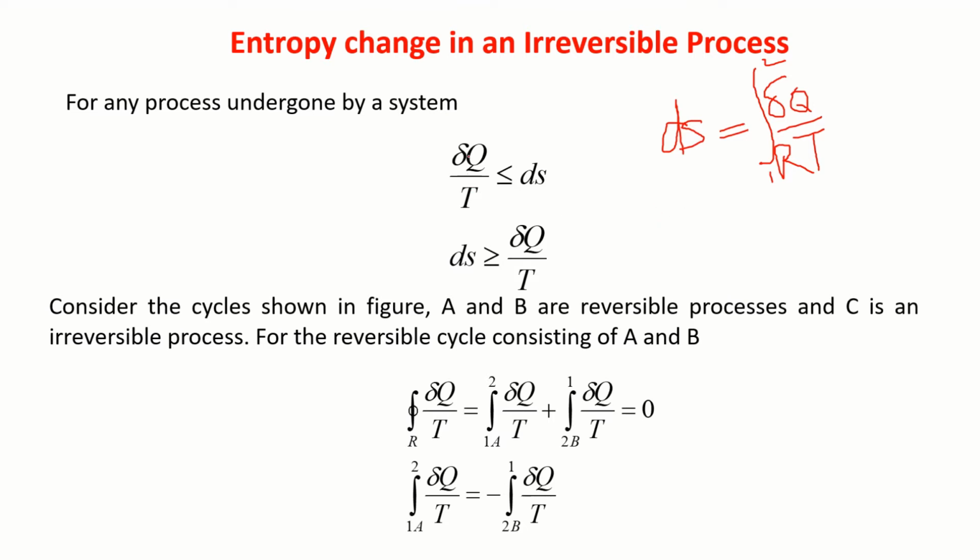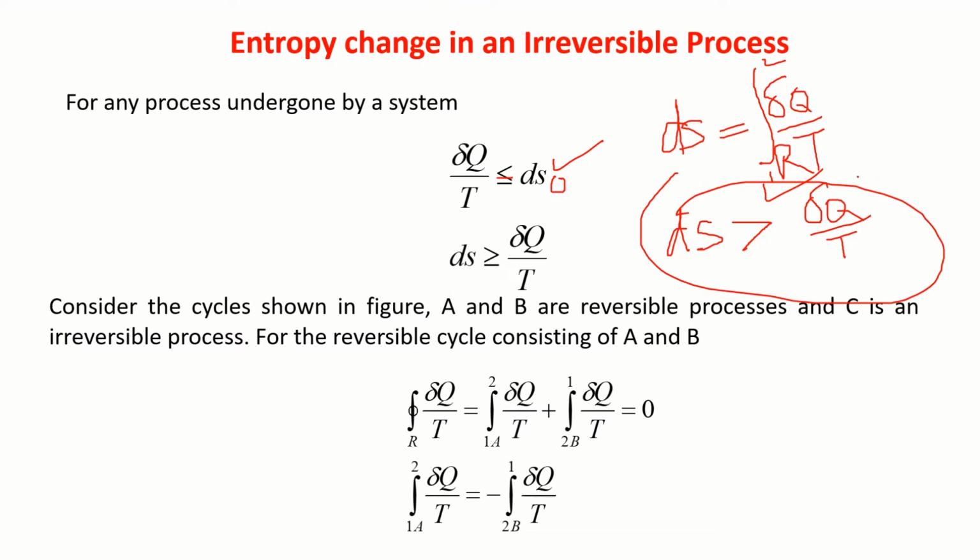For a process, delta Q by T is less than or equal to dS is written. Equal to 0, if I write, then it is reversible. Less than, so you can say dS is greater than delta Q by T. This holds good for an irreversible process.